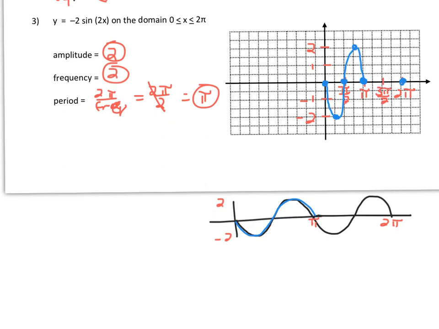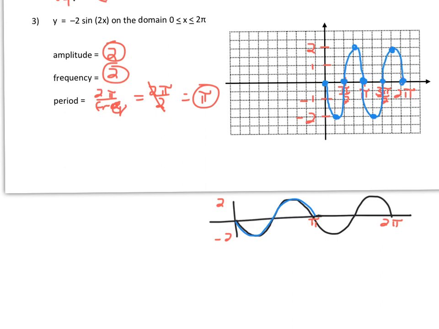So at 3 pi over 2, we're going to be at 0. And you can really just follow the pattern of this graph. Halfway between these 2 points, aren't we going to be back down at a minimum? And then halfway between these 2 points, right here, we're going to be up at a maximum. And then we can just connect them.